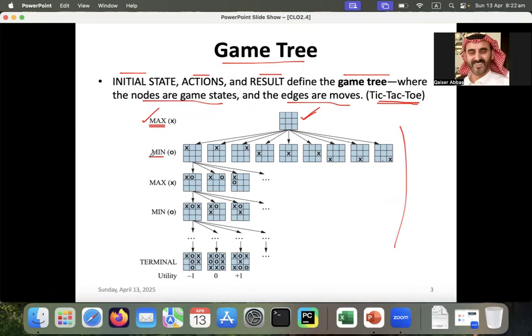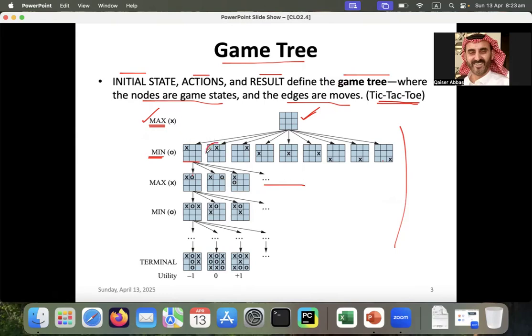And now when the min player has its turn, how many options are left for min? 8 options. So it means after this node, you will have 8 nodes. So here O, min, can mark O here, or in the next, or here, and so on, up to 8 nodes.